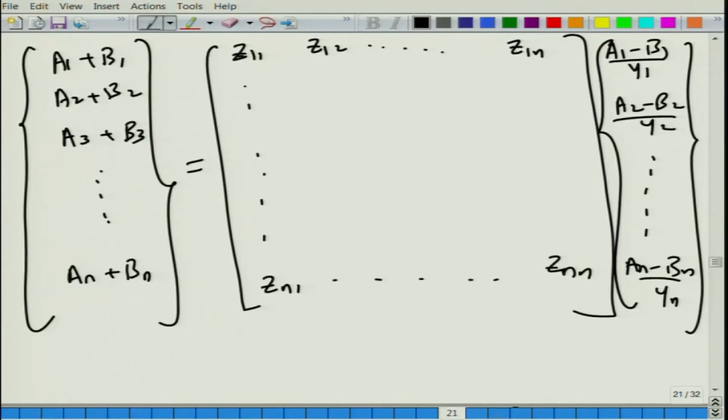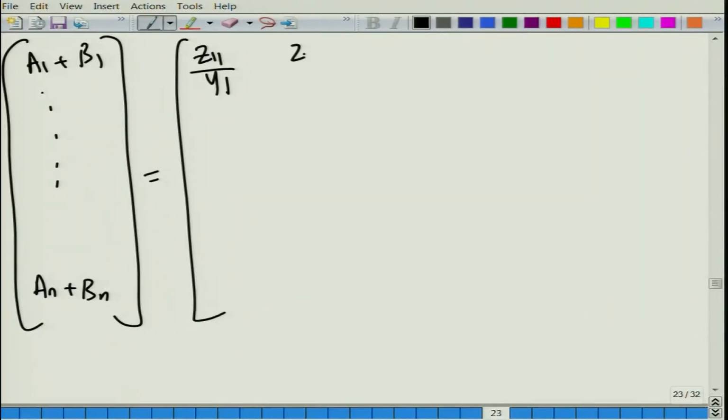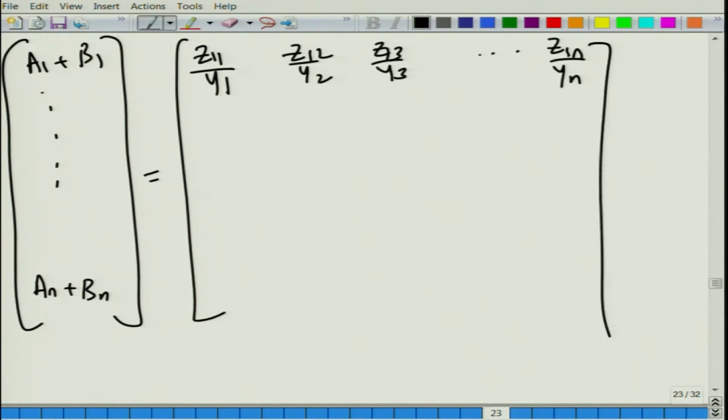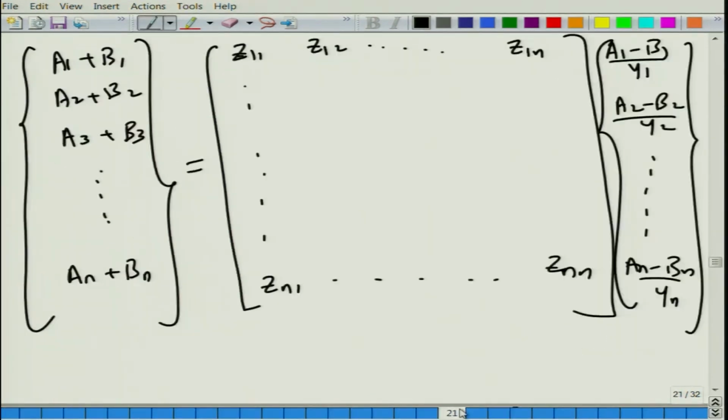So basically this will become Z13 times Y3, and Z21 will be multiplied by Y1.